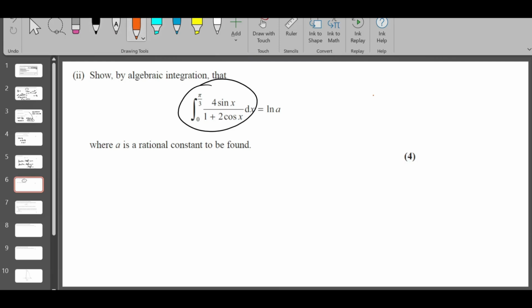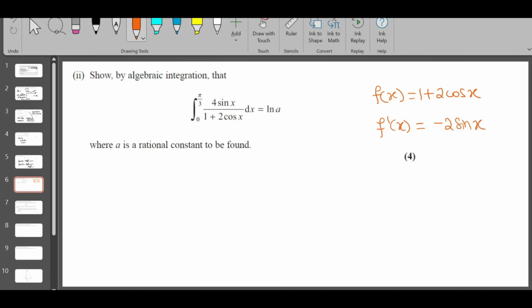You look at the denominator, take it as f of x, 1 plus 2 cos x. When you differentiate it, 1 becomes 0, 2 cos x becomes minus 2 sin x, and you have this in the numerator, so you can apply reverse chain rule. Only instead of minus 2 we have 4, so we are going to adjust the constant.